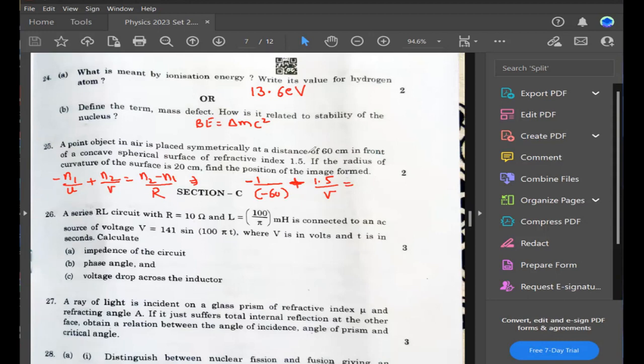N2 minus N1, 1.5 minus 1, is 0.5 upon the radius of curvature. Radius of curvature here will be minus 20, as it is a concave refracting surface, taken towards the left, so it is negative. On simplifying, we get V is equal to minus 36 centimeter.